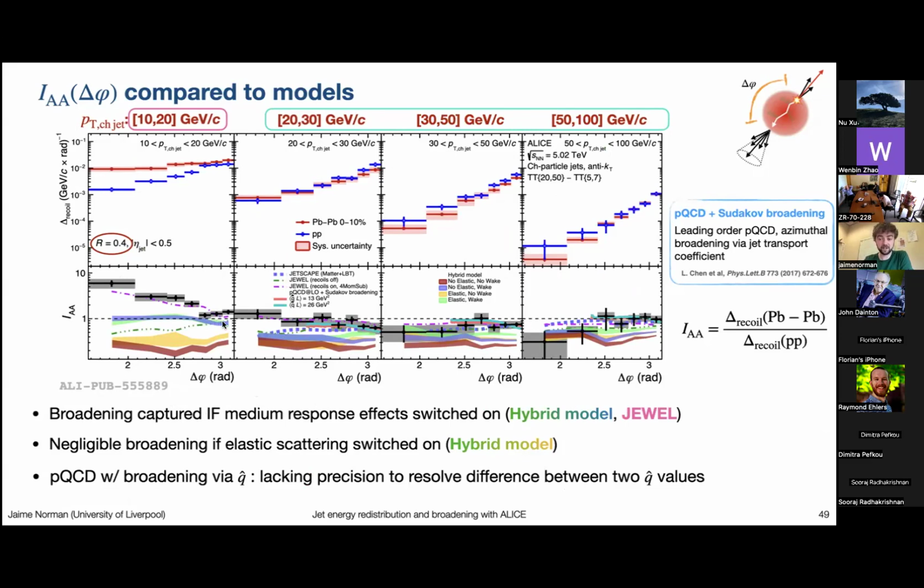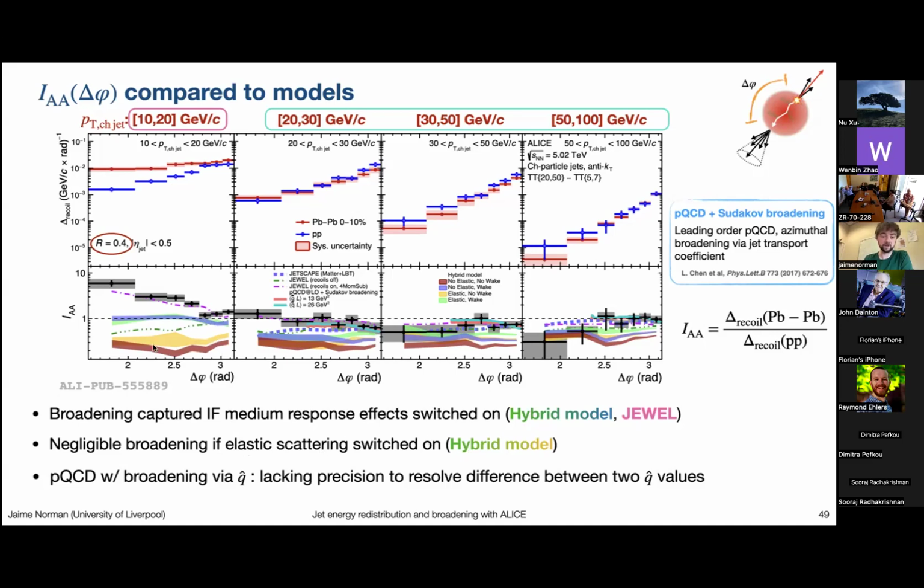This broadening occurs for both JEWEL, which is shown in pink, and the hybrid model to a lesser extent for 0.4, but we'll see for 0.5, when these medium response effects are switched on, whereas we see negligible broadening if the Moliere scattering effects are switched on.